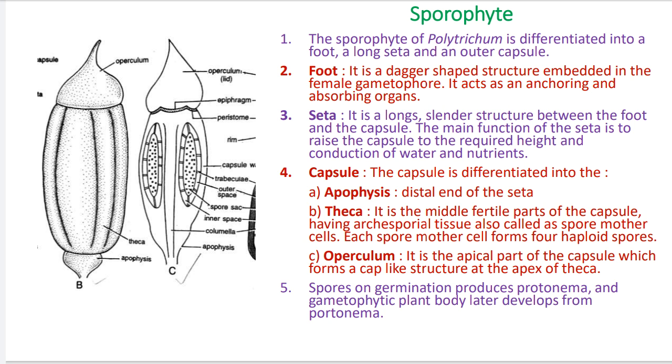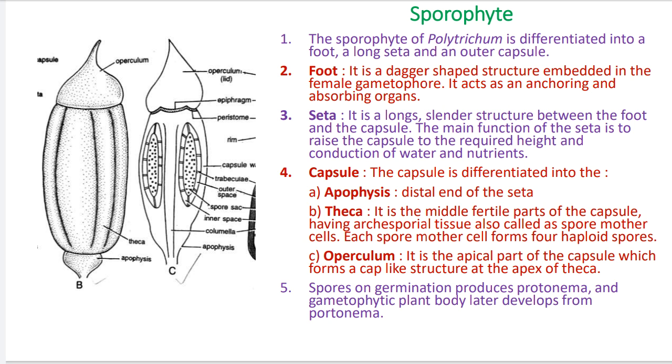Here, in case of mosses, the spores after germination cannot directly produce the gametophytic plant body. They first produce the protonema. Protonema means it is a juvenile stage of the gametophytic plant body. Juvenile means the very initial stage. Later on, protonema produces the matured gametophytic plant body.